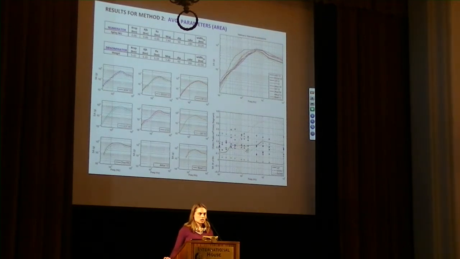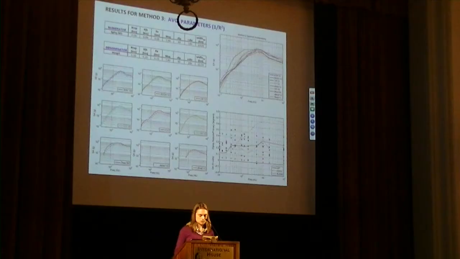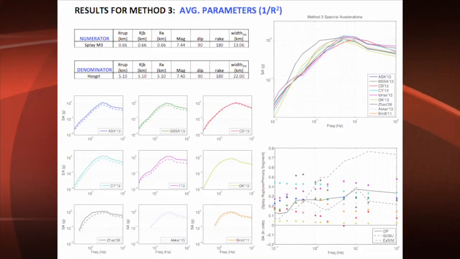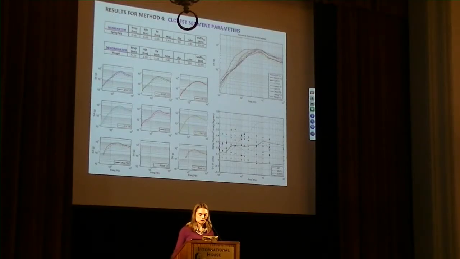The reason Campbell and Bozorgnia is affected is that this is really the only method that is sensitive to the width parameter, because they specify a hypocentral location. So you see the red change from method 2 to 3, and then between method 3 and 4, the width is so similar that it's not sensitive to that change.